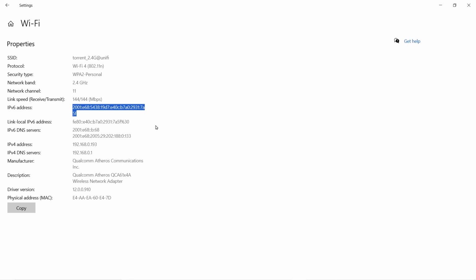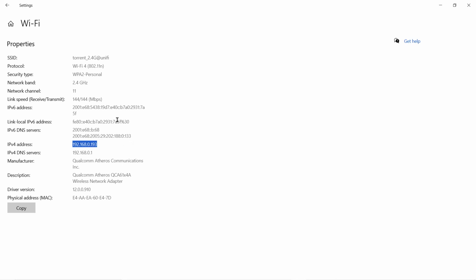In addition, there is also the DNS server. An example of an IPv4 address for a DNS server is 192.168.0.13.